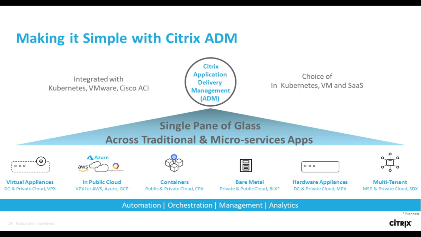Meanwhile, we support multiple kinds of NetScaler proxies, whether it's an existing appliance deployed in a data center, the MPX, or the SDX, which is the multi-tenant appliance. We also have a bare metal solution called the BLX we're shipping, a container solution called the CPX, and a solution that runs in the public cloud, whether it's CPX or VPX. The VPX is the virtual appliance.